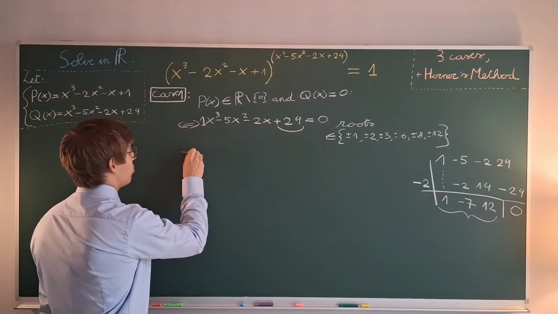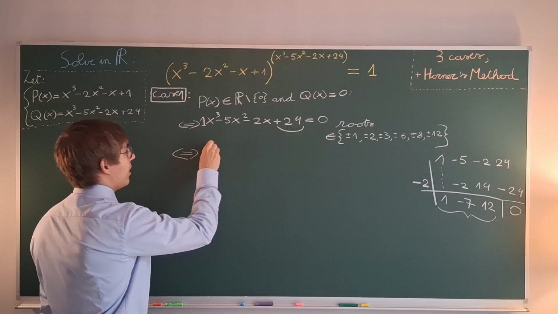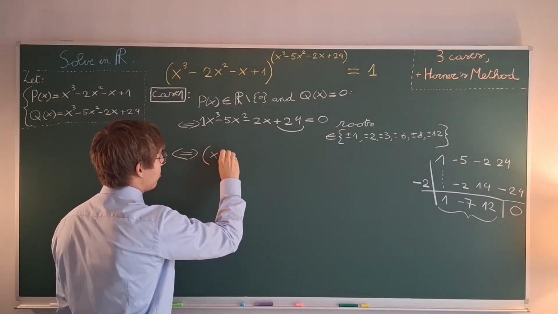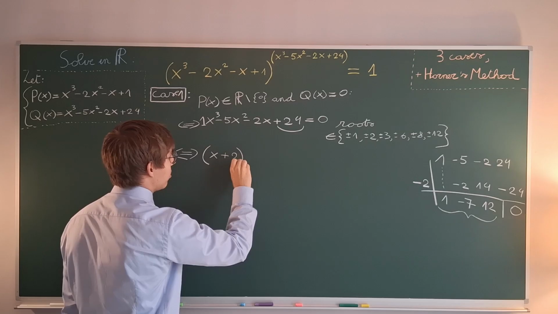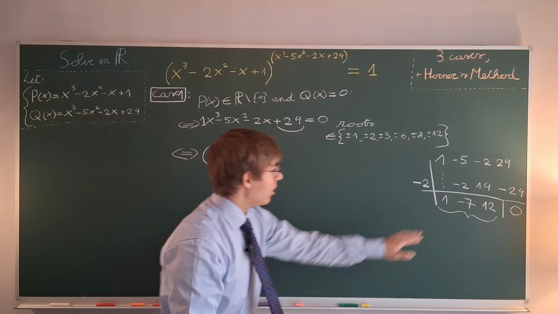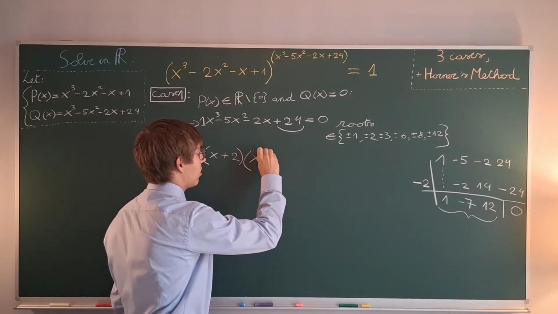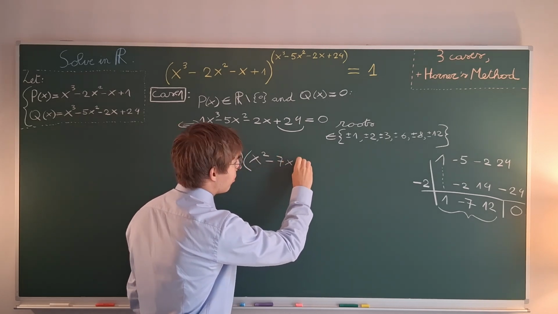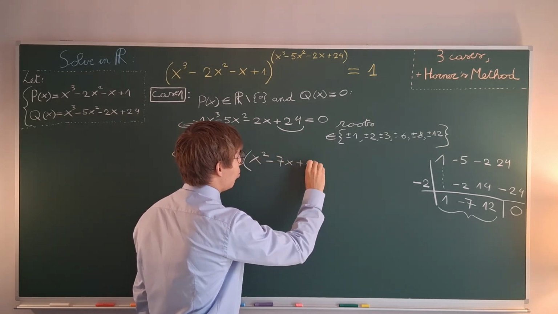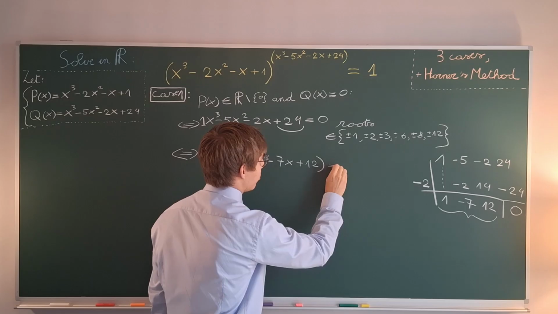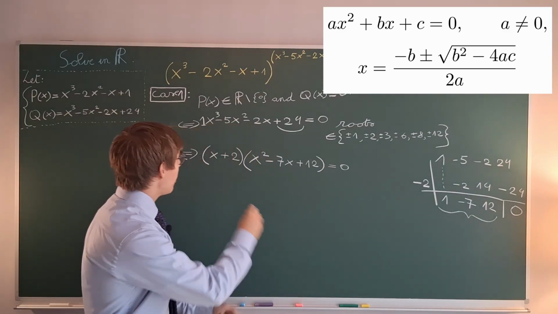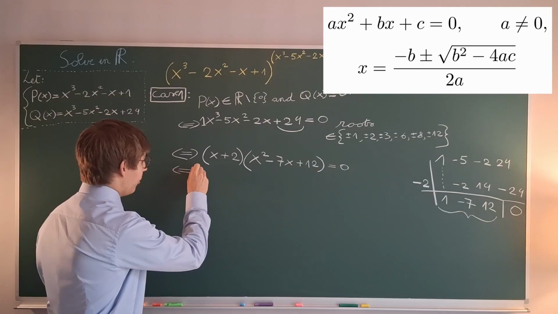So what we learned is that we can write this cubic as x plus 2 times x squared minus 7x plus 12 is equal to 0. And now let's use the quadratic formula to factor this even further.